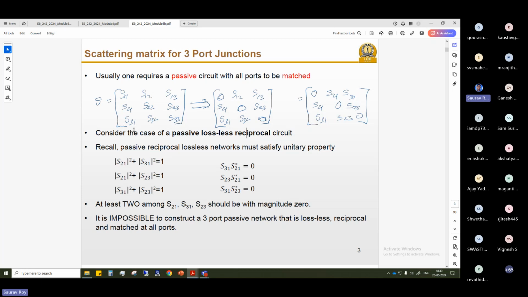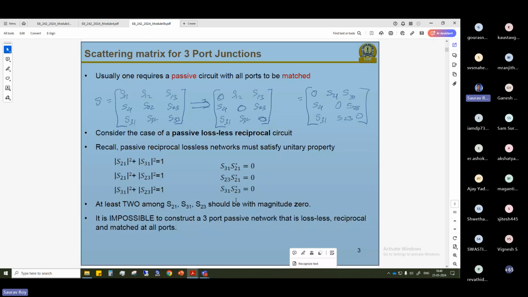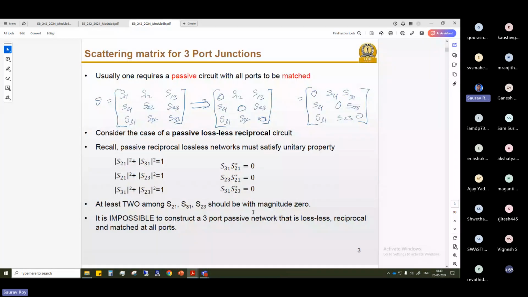If you expand this matrix, you will have a set of 6 equations. To solve these equations, at least 2 of S21, S31 and so on should be 0. That means it's not feasible, right?